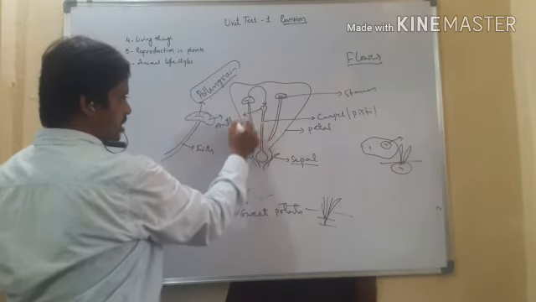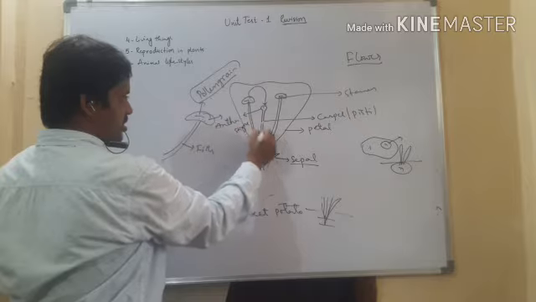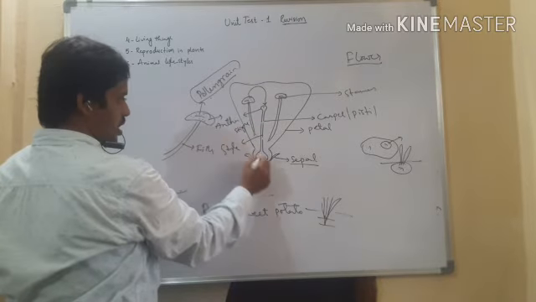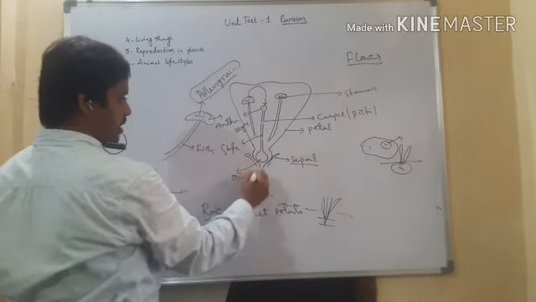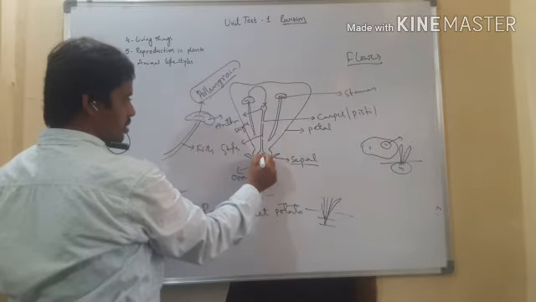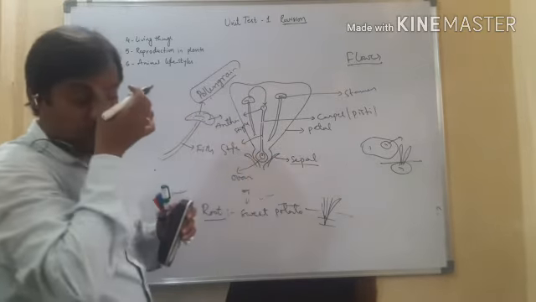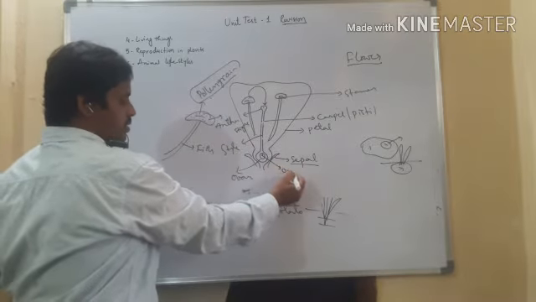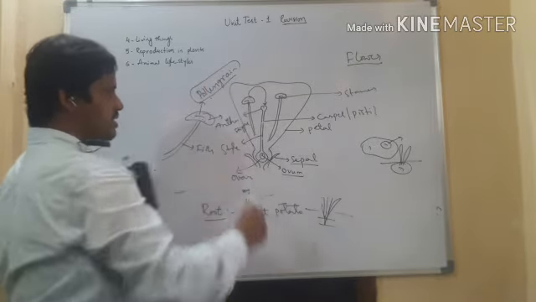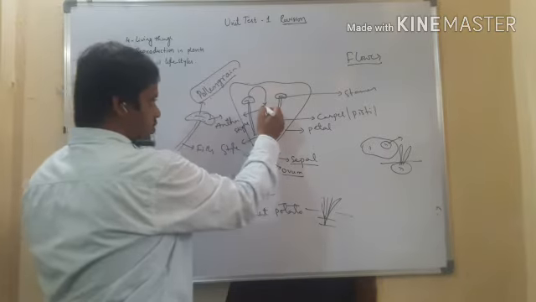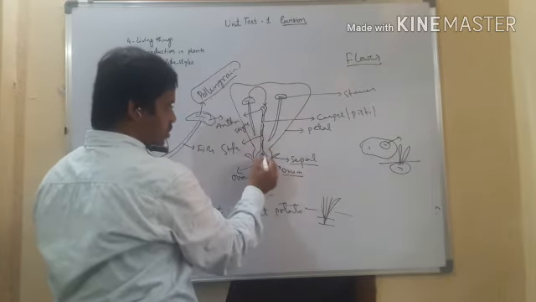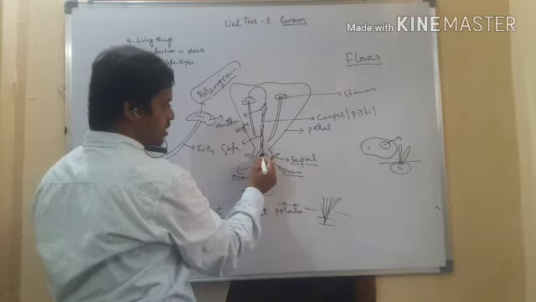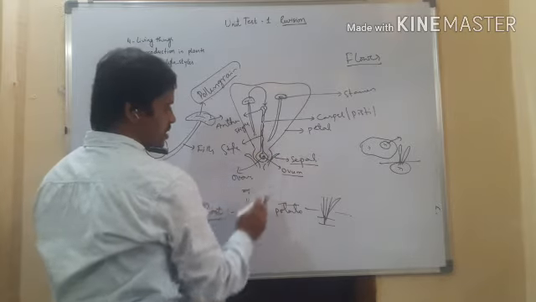It is stigma, style, and ovary. In the ovary there is an ovule. In the ovule there is an egg cell, ovum, right? So now the ovum is the female reproductive cell, and the pollen grain is the male reproductive cell. Now this pollen grain reaches the ovum, and it gets fertilized. Now it becomes a zygote.